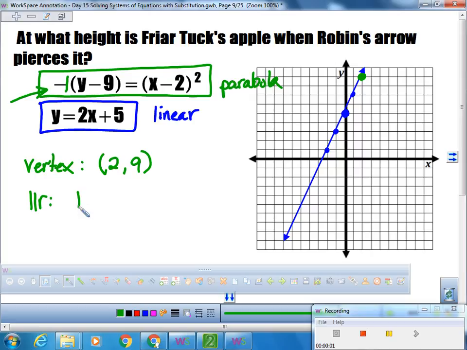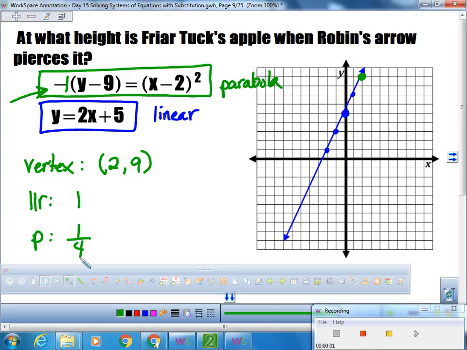So P, the distance from the vertex to the focus and from the vertex to the directrix, has to be smaller than that, right? It's smaller by how much? Not by half. What's that magic number? 4. It's smaller by a fourth, right? So if I want to know P, I just have to take 1 and divide it by 4.